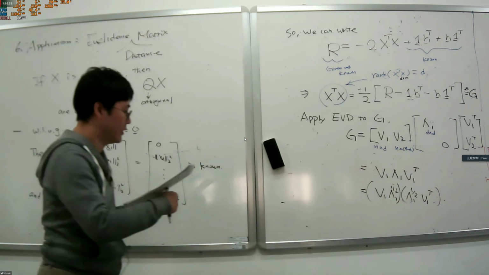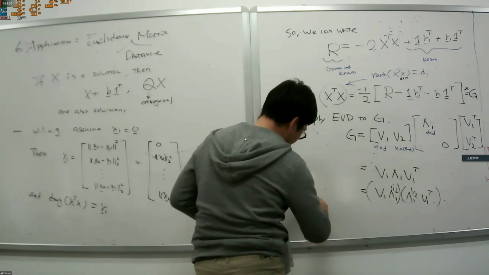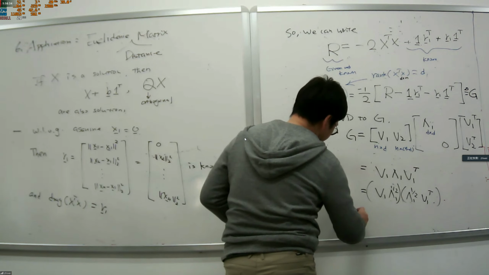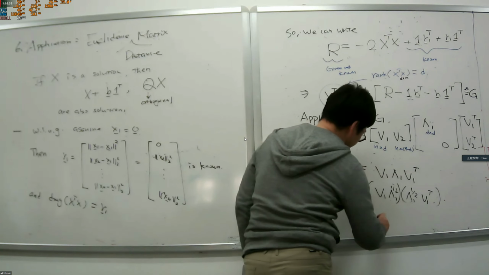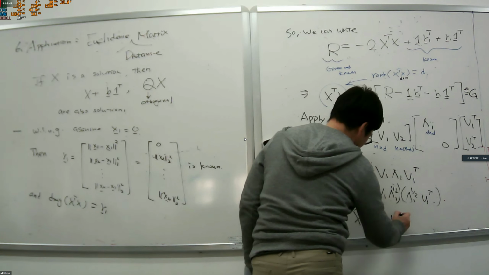You can use this as an estimate of x, by lambda 1 square root V1 transpose.